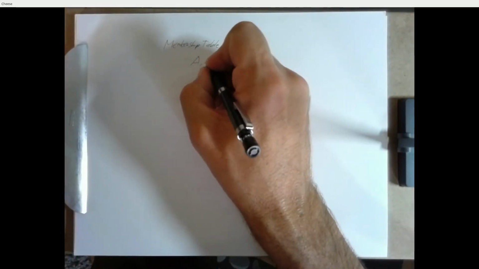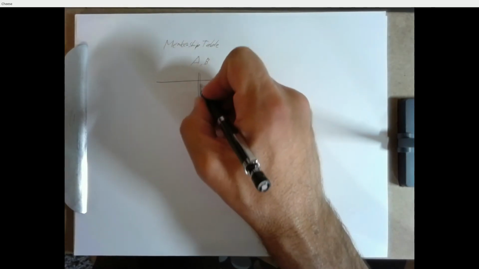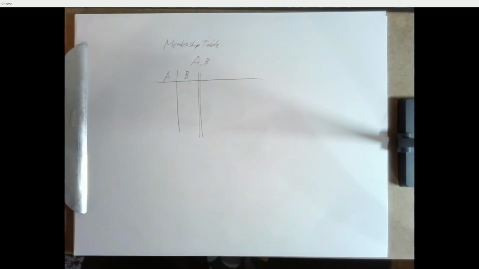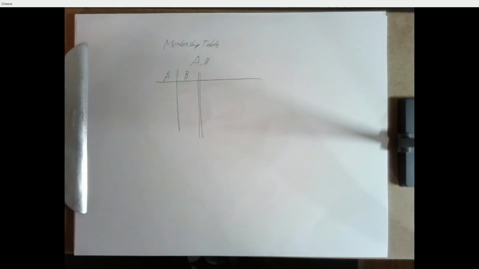So suppose we have two sets, A and B. Well, we can form a table as follows. We're going to list our two sets, A and B, and we're going to consider any element in the universe. Could be part of A, could be part of B, might be in both, might be in neither.